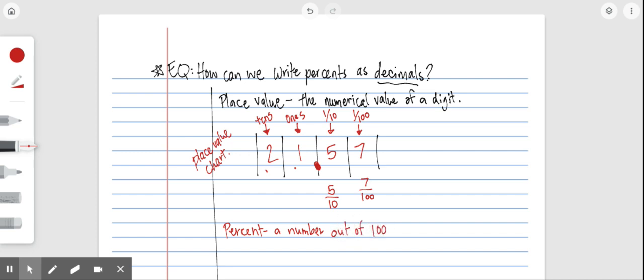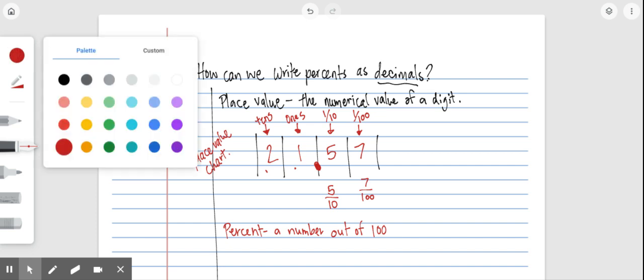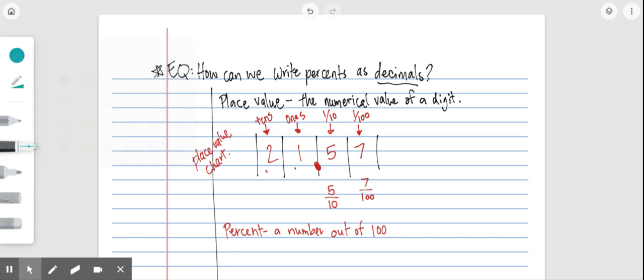And one of these place values is a number out of 100. Notice this last column that I highlighted, this 7, is a number out of 100. This is the 100ths place value. This is where the end of a percent lives.